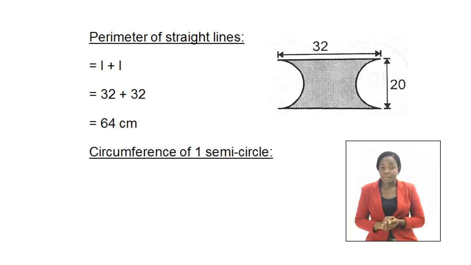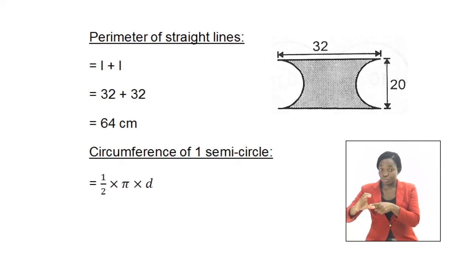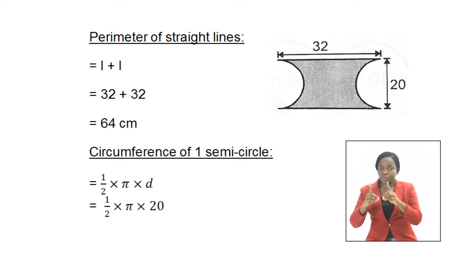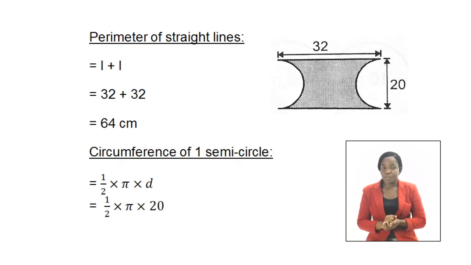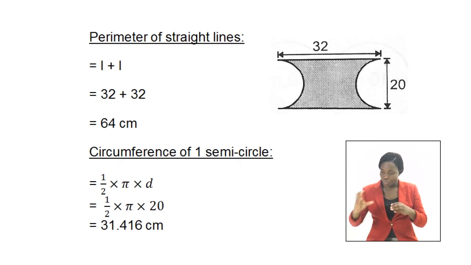The perimeter of a semicircle is half of the circumference of the circle, but there are 2 of those. The circumference of one semicircle is half times pi times diameter. That's half of pi times 20, and it comes to 31.416. But we double this to find the circumference of 2 semicircles.